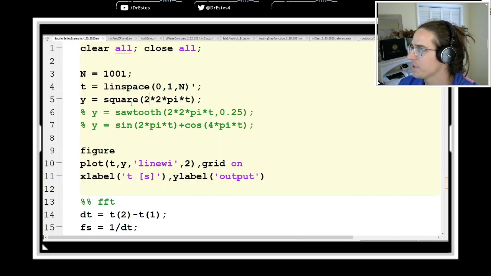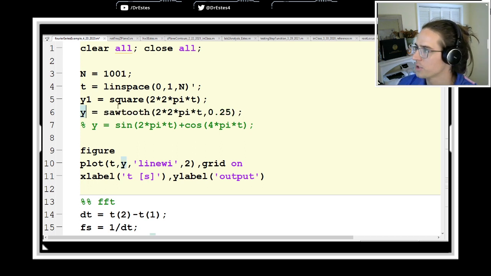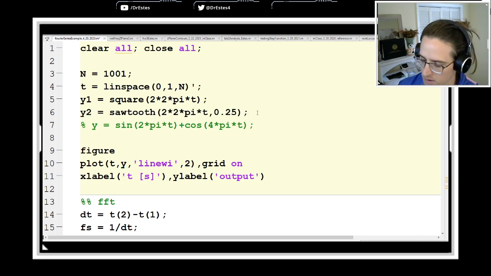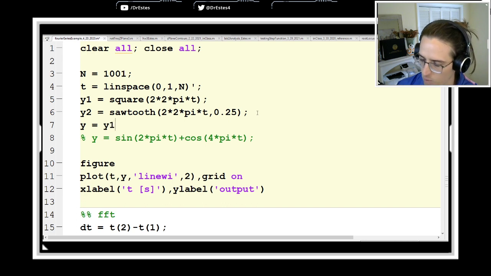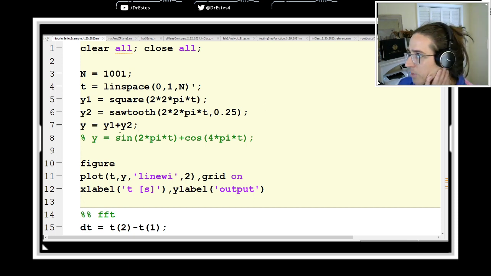Wait, what if we add these two together? I'm not sure what this looks like. Let's say y is y1 plus y2. I'm going to add the sawtooth to the square. And then we're going to decompose that into a bunch of sinusoids.